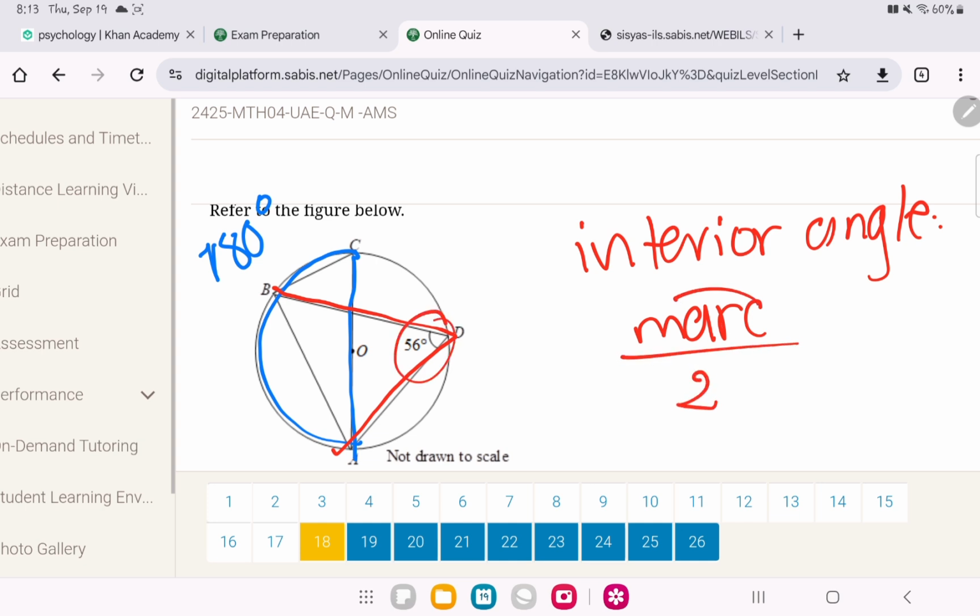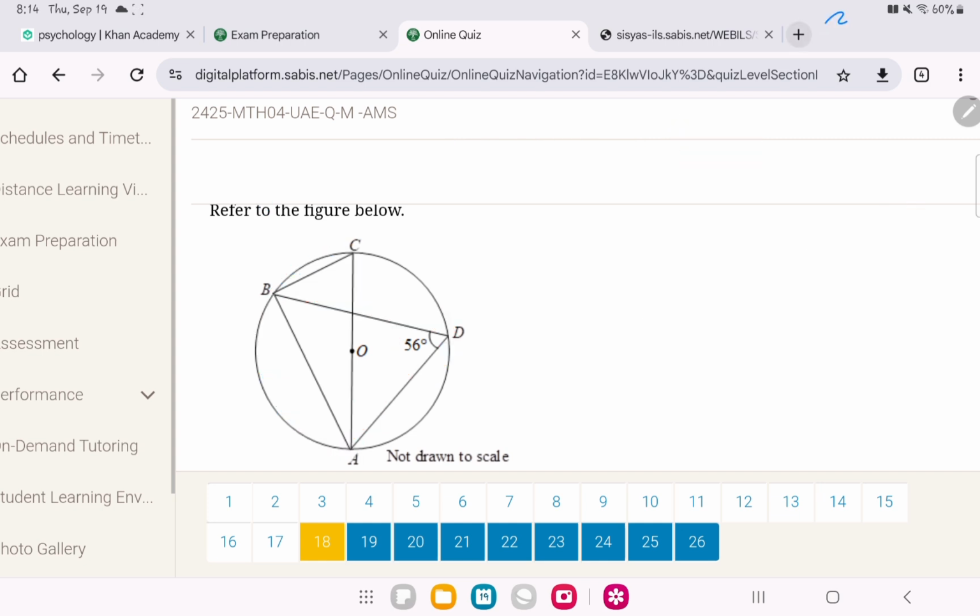So if our interior angle is 56, then our arc is going to be 56 times 2, which is 112. So we found the measure of this arc over here.